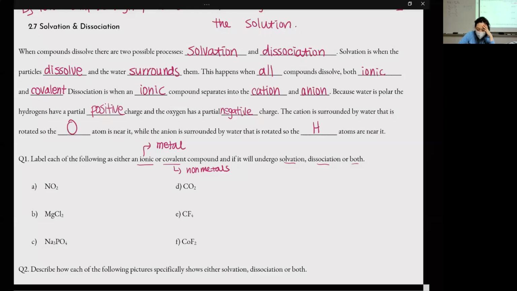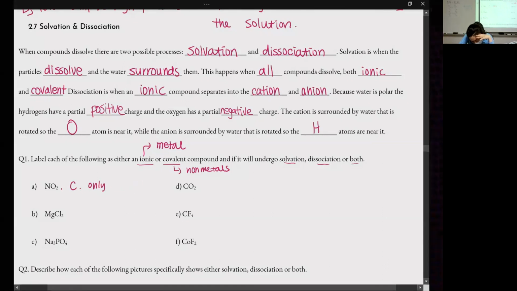So NO2, they're both non-metals, so this one is a covalent compound and it will experience only solvation. Same thing for CO2, covalent compound, only solvation.